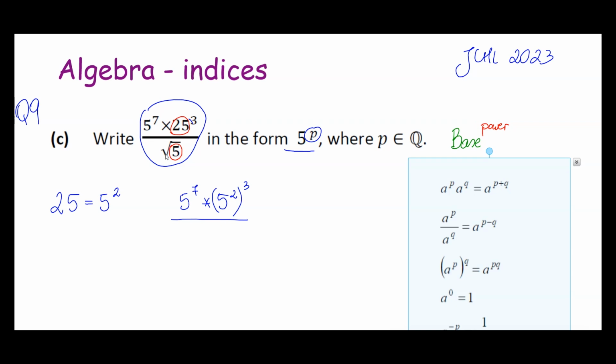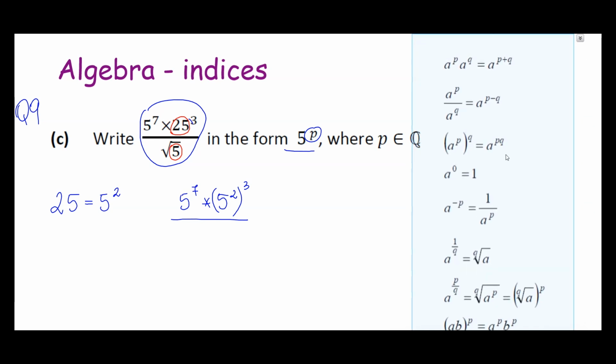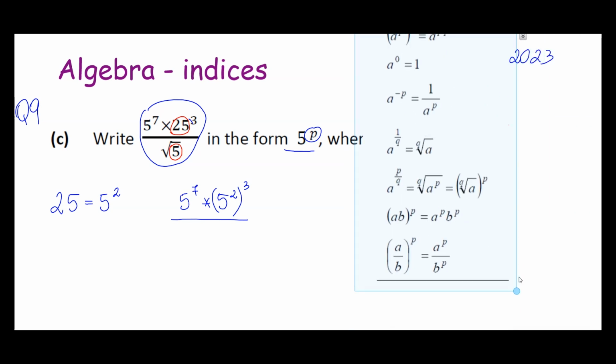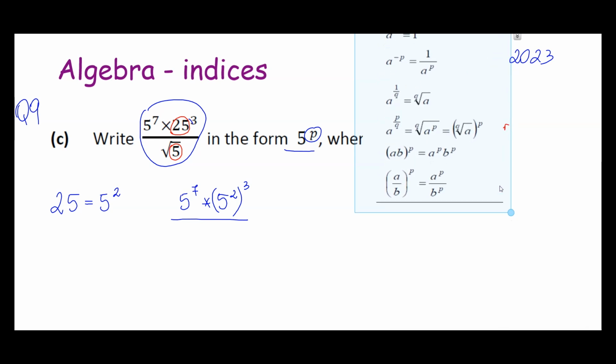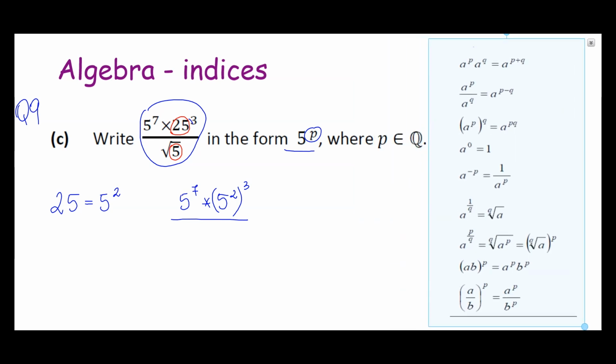So here, my situation I want to consider is the one that has a square root. So if I look at these formulas here from my table, let's just make them slightly smaller so that we can see all those formulas here. Which of them have the square root? There is a formula here that has a root. There is another formula here that has a root.